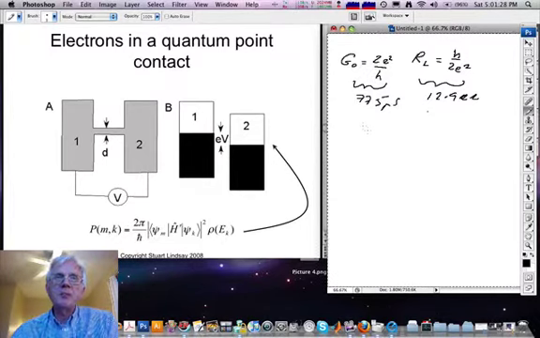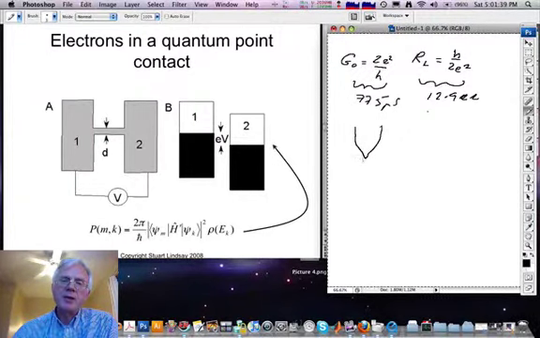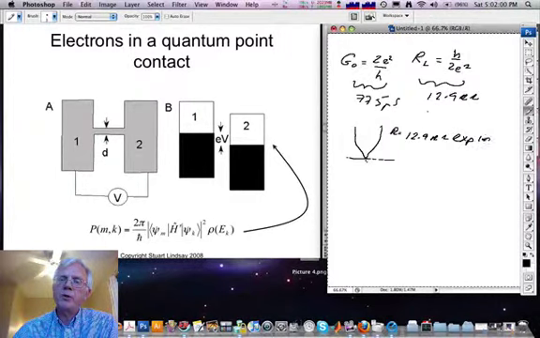Now, this result immediately solves the problem of how much current I am going to get through my scanning tunneling microscope, because we know that when the STM probe touches the surface, since the STM probe has most of the current emanating from the atom at the end, this is a problem of a quantum point contact, so the resistance in contact must be 12.9 kiloohms, and therefore the resistance of the junction must increase as e to the 1.02 square root of phi times the width of the junction.